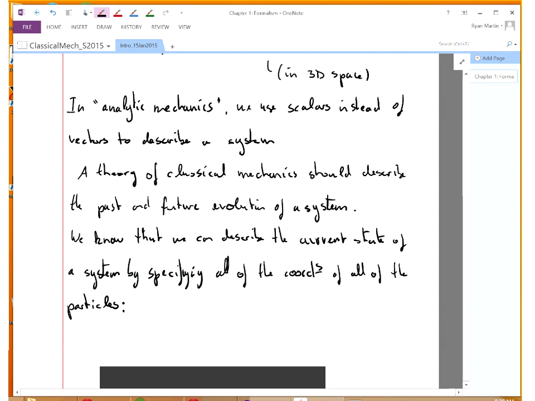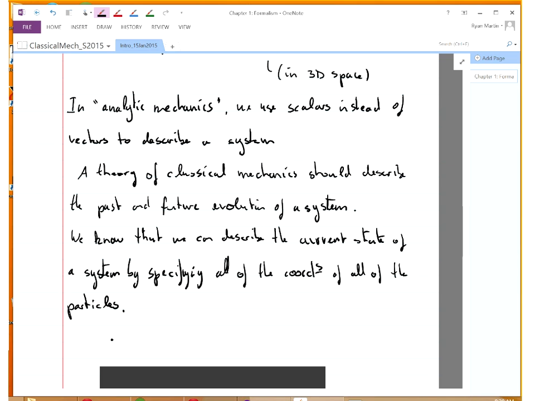So that's what we mean. When we have a system, we mean there's a bunch of particles. And when we're asked to say what that system looks like, if you specify where each of those particles are, we claim that that's what we mean by describing a system. So we can say where everything is, place all the blocks here, that's the current state of the system. Okay? So that's the first part.